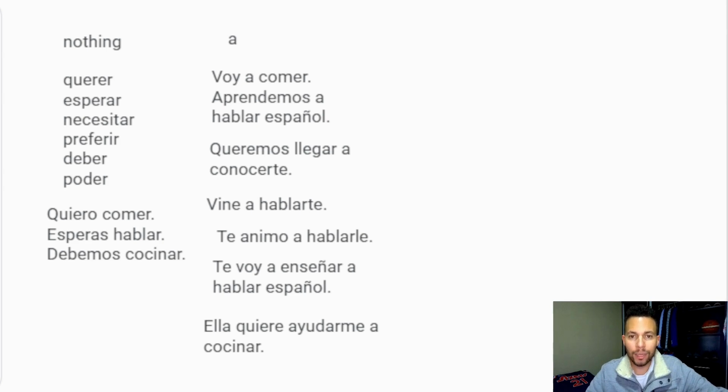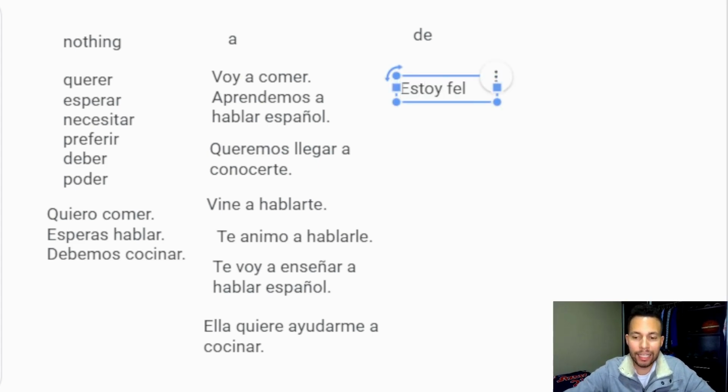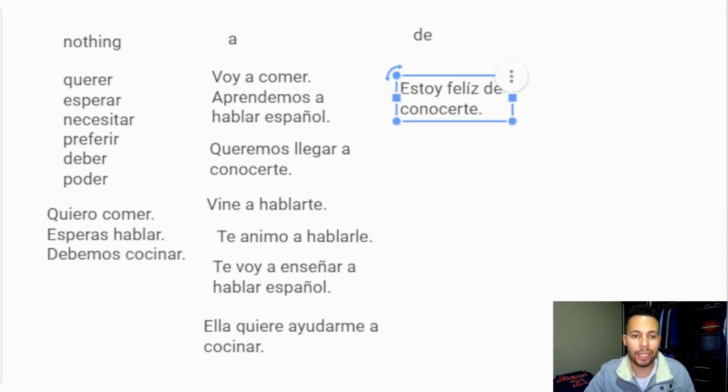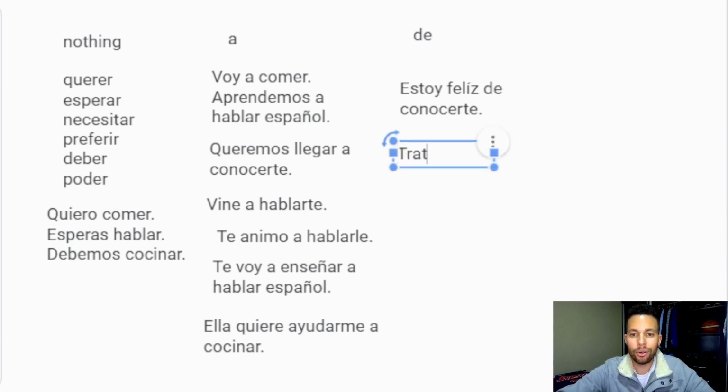We'll start another column here, and this will be the de column. De. This could be something like, estoy feliz de conocerte. Maybe something like, trato de limpiar la casa todos los días.